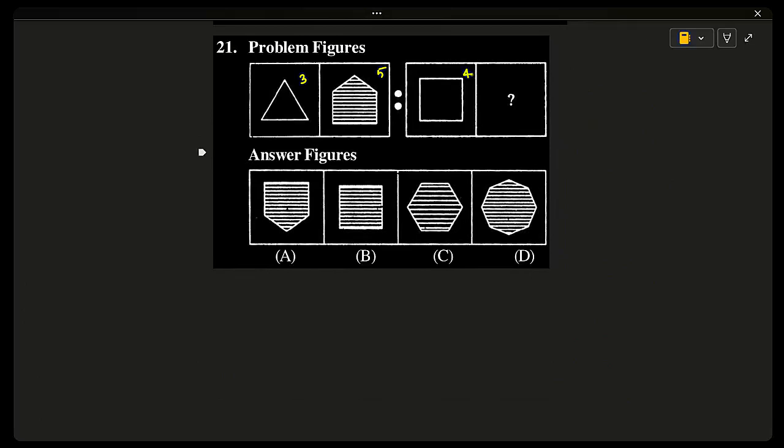And here 4 sides are there and we want plus 2, so you want a 6-sided polygon. Option A is not having 6 sides, option B is not having 6 sides, and option D is having, I think, 7 sides. Everything is eliminated, only C is left. And one more observation is, after increasing 2 sides, it should be shaded in the interior, so it is also shaded in the interior, so option C is correct. Next, 22nd one.